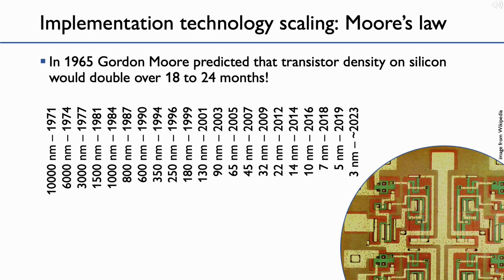Today, memories and processors are all designed on silicon technology, and that technology has improved at a truly remarkable rate. All the way back in 1965, Gordon Moore, who's a founder of Intel, predicted that the transistor density on silicon would double every 18 to 24 months.